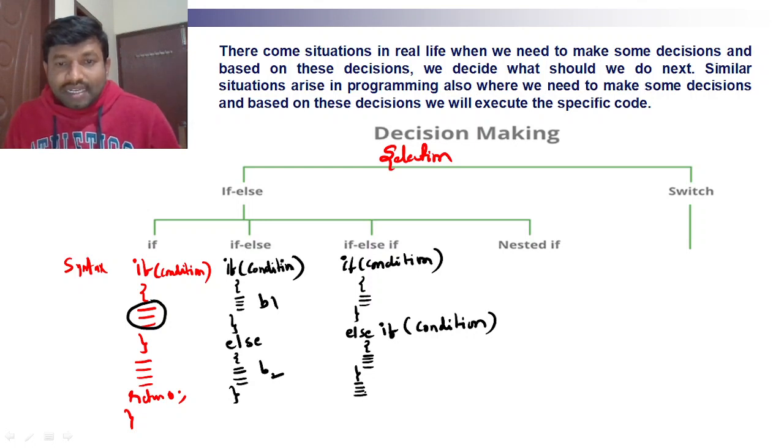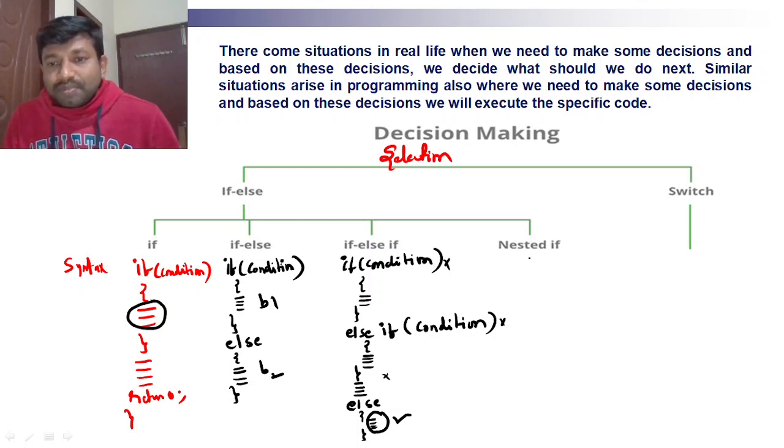But if all the conditions fail, then worst case we are going to write the else part. In the worst case, if the student does not qualify any of the test conditions, we can print a message that the student has failed. So if all the conditions are false, then only this particular block of statements gets executed.